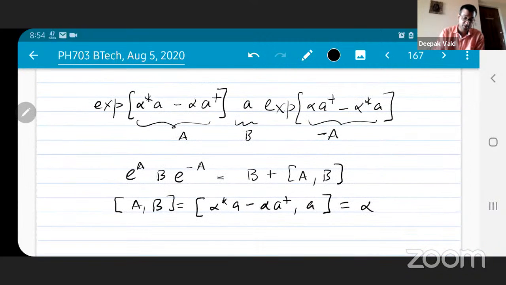And so you see that this is equal to A plus alpha by that displacement property.